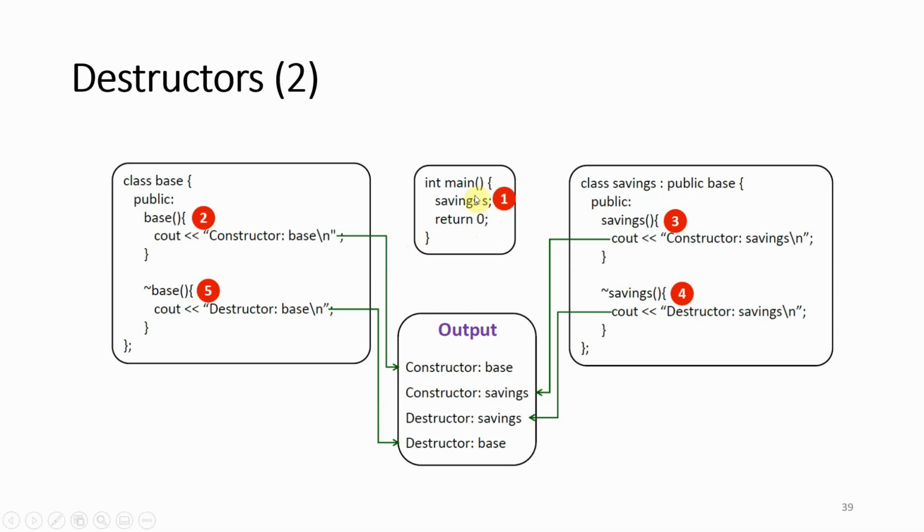Whenever an object gets out of scope, like at this point when you return from the main function, the destructor is called. So at this point, it's going to call the destructor of the derived class. It's going to print destructor saving. At the end of this, it automatically calls the base class destructor, and it's going to print destructor base.